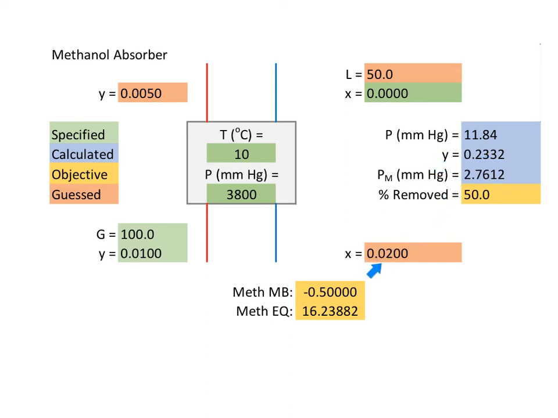So if we have 2% methanol in the liquid phase, we actually have 23% of this total pressure due to the methanol. So if we multiply this mole fraction by this total pressure, we get the partial pressure of methanol in the gas phase.